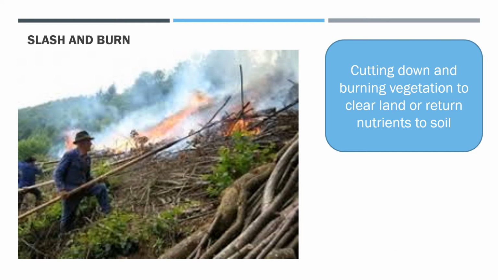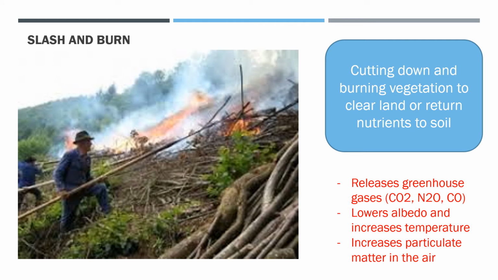We've mentioned slash and burn agriculture previously, but just to say one more time for the sake of repetition, it is cutting down and burning vegetation. We've talked about this in clear cutting, but some farmers also do slash and burn as a way to return nutrients to the soil from leftover harvest.